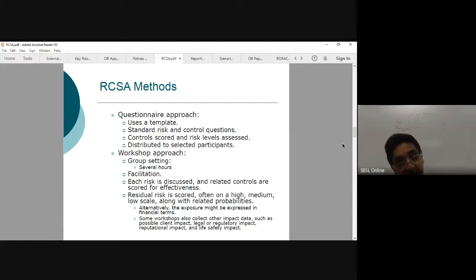But I recommend the workshop approach over the questionnaire approach, because in the workshop approach, you can do both things. One is you can do the RCSA, and at the same time you can inculcate a certain operational risk culture into the minds of the people who engage in this activity.